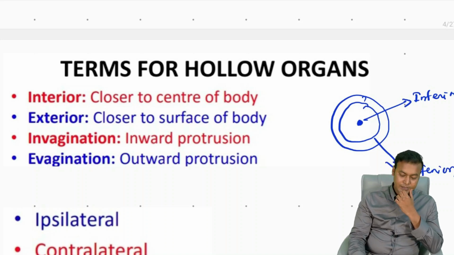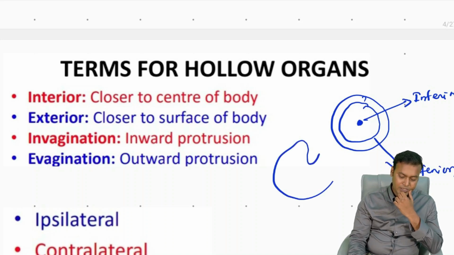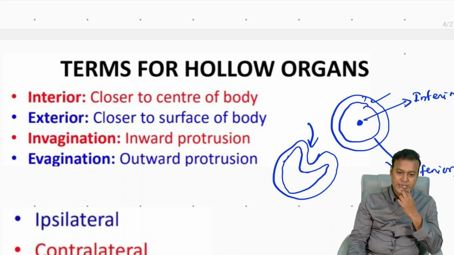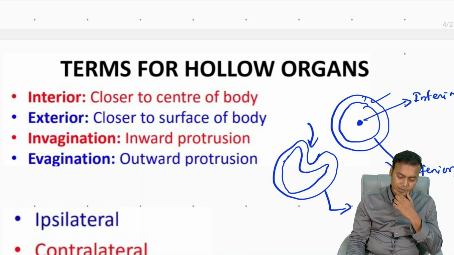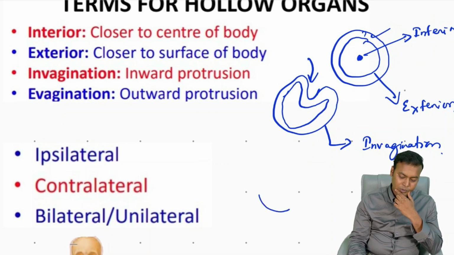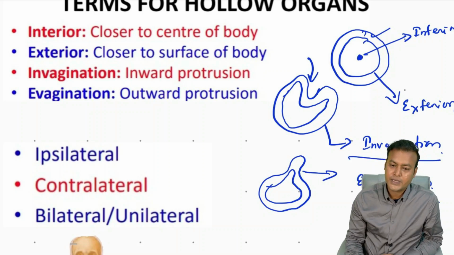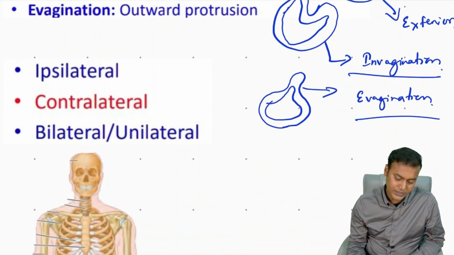If something protrudes inside, you can see this is the normal organ and something is protruding inside, it is known as invagination. Whereas if the same organ has a protrusion outside like this, it is known as evagination. So here are two new terms: invagination and evagination.